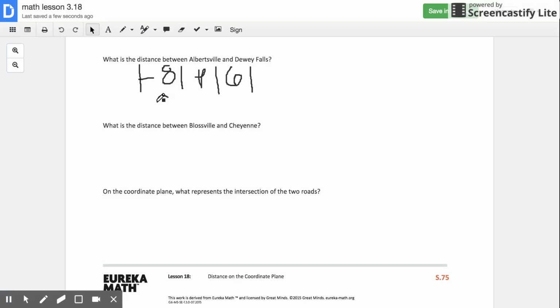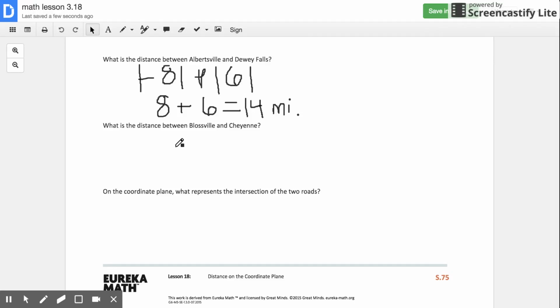It is 8 units, or miles in this case, to 0, and then an additional 6 units from 0 to 6, which is Dewey Falls. So the distance between the two of them should be 14. And don't forget to put your unit, what we're counting: miles. So 14 miles.